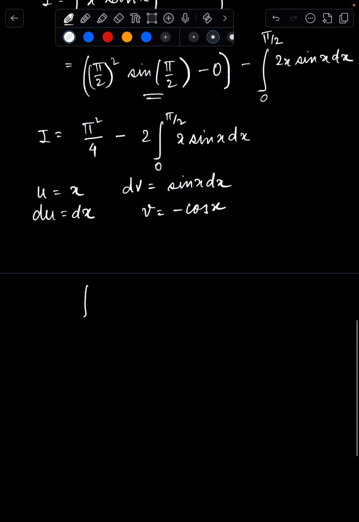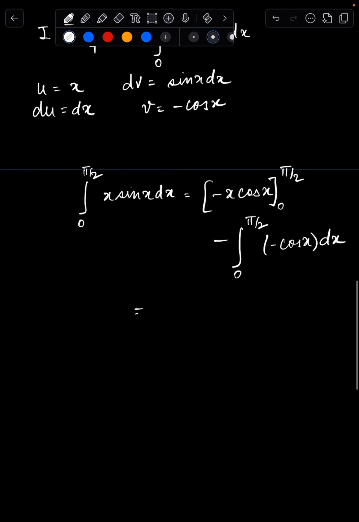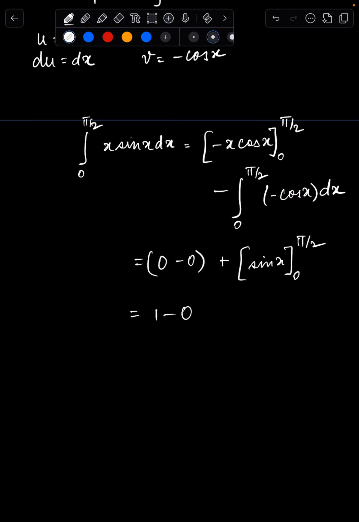Okay, so my integral of x sine x dx from 0 to pi by 2 is nothing but minus x cos x from 0 to pi by 2 minus integral over 0 to pi by 2 of minus cos x dx, correct? So this basically comes out to be 0 minus 0 plus sine x with limits 0 to pi by 2, which is 1 minus 0, finally 1.